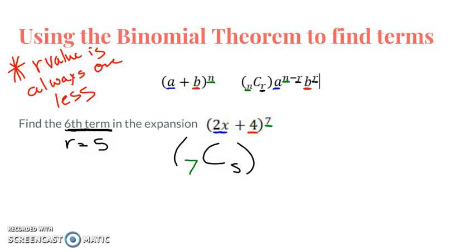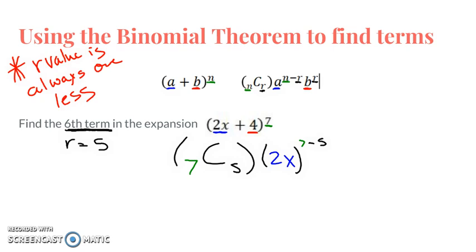That's the first thing. Then I'm going to take that times an a value, which is 2x. I'm going to take that 2x to the n, which my n is 7, minus 5 power.